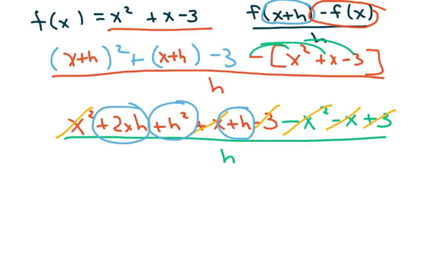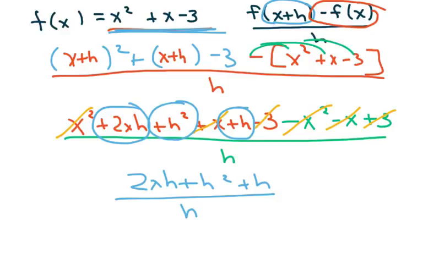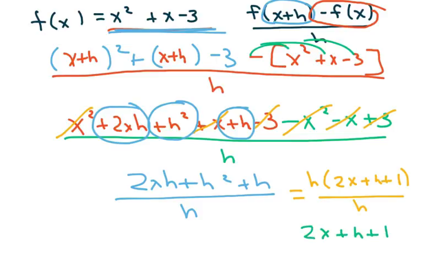I have another video that has different kinds of functions if you want to do that video. So we're going to write 2xh plus h squared plus h over h. Factor out an h. Get 2x plus h plus 1 over h. So my answer is 2x plus h plus 1.